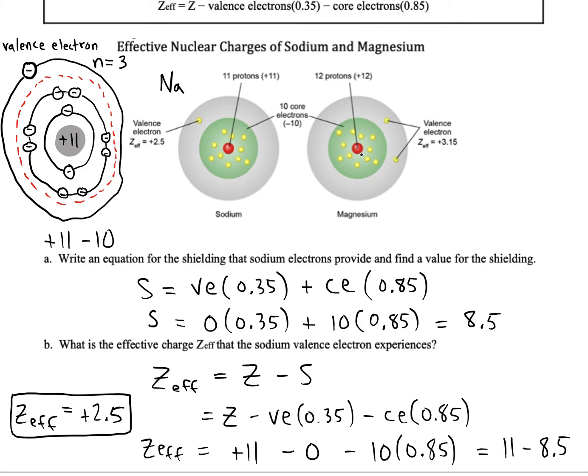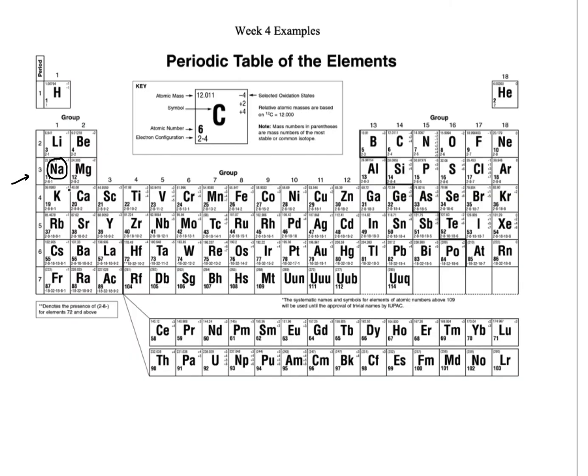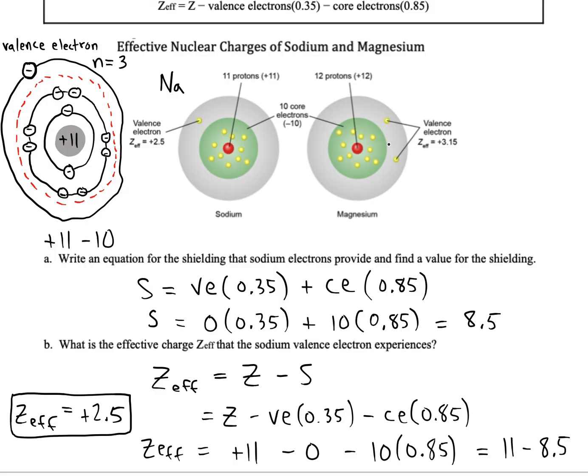Magnesium is similar. It has 10 core electrons, but we see that magnesium is actually in the second column of the periodic table. It is here, so it'll have 2 valence electrons, and that's seen in the picture here. So when we do the calculation, it ends up being a little different.